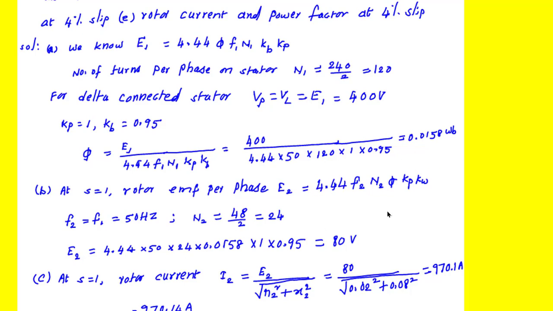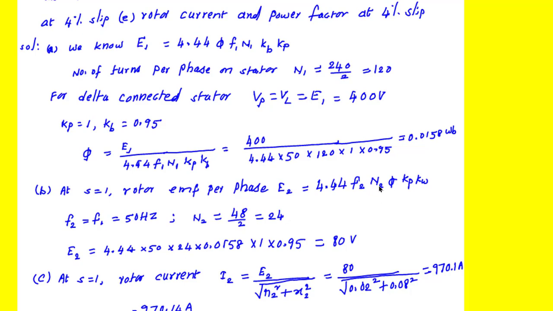So we substitute all the values here. The flux was just now calculated, 0.0158 Webers. E2 is equal to 4.44, and F2 is equal to F1, so we write here 50 Hz, into N2. N2 is nothing but the number of turns on the rotor; the number of conductors is given per phase as 48, divide that by 2 so that we get 24.